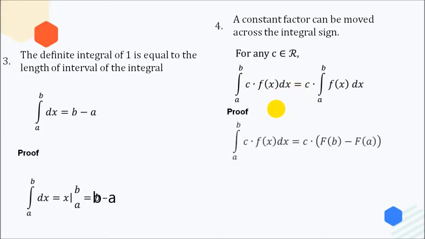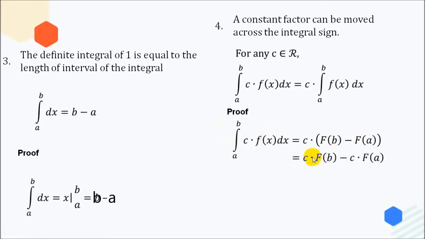Let's see the proof. If we have the integral from a until b of the function c times f(x) dx, we can use the fundamental theorem of calculus we have learned before, so we get c times F(x), and we substitute x with b minus F substituted with a.